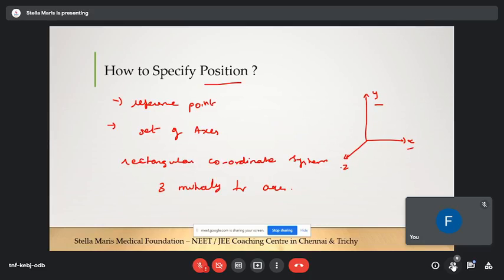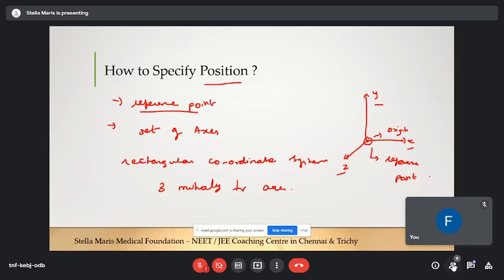And the coordinates are x, y, and z, like 2, 3, 4. There is an x coordinate, a y coordinate, and a z coordinate.